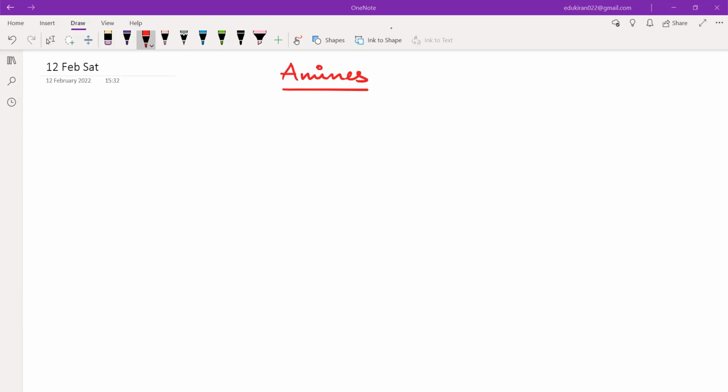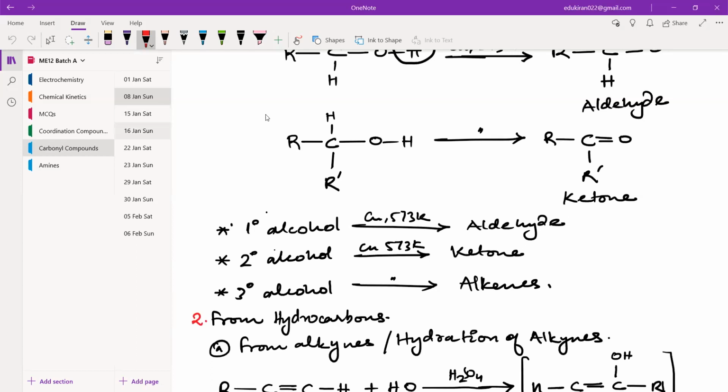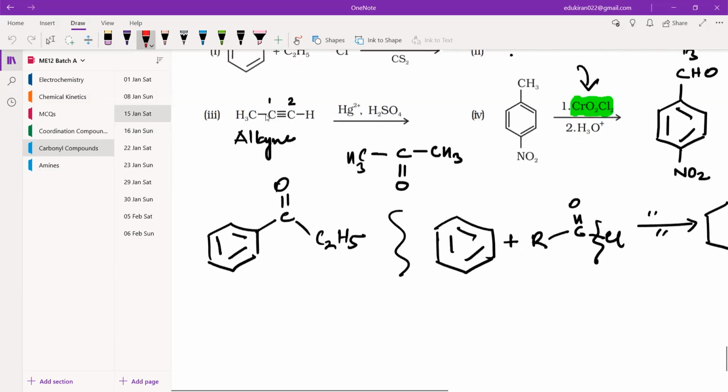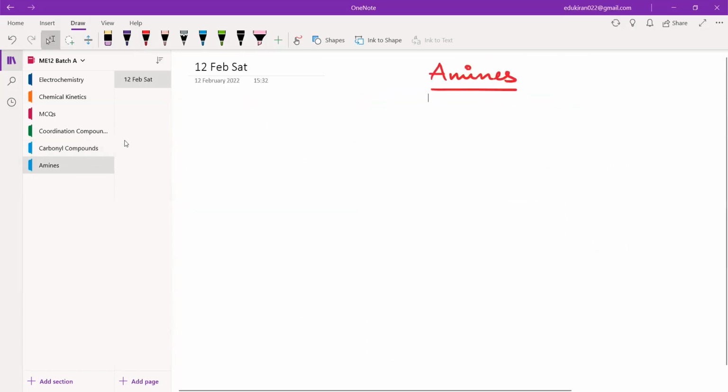In that, the second question is semi-carbazide something. You have done semi-carbazide. It is there in your notebook. If you go to reactions, the nucleophilic addition of carbonyl compounds, that we did. Got it? Yes, sir. Okay. Anything else?